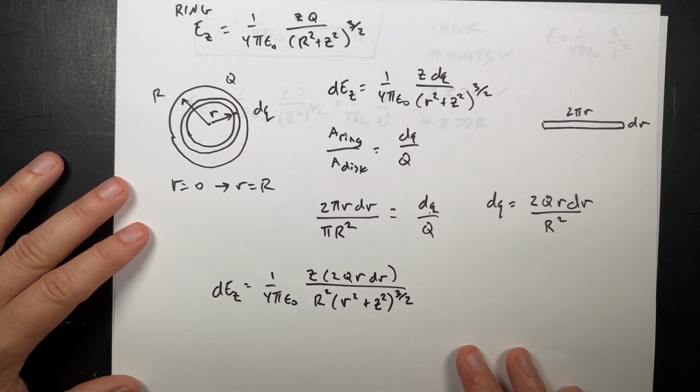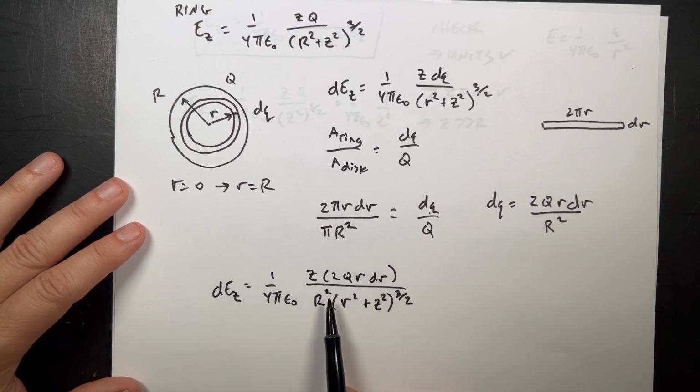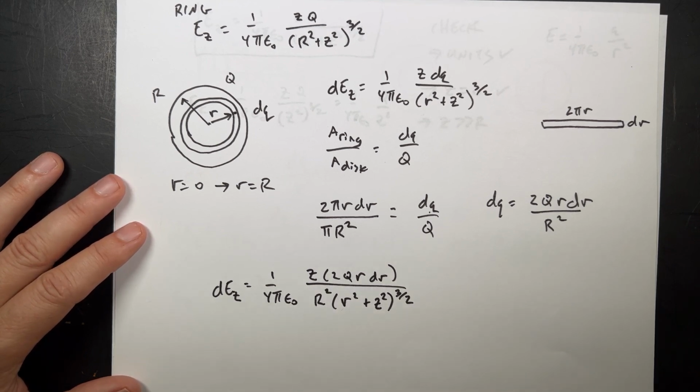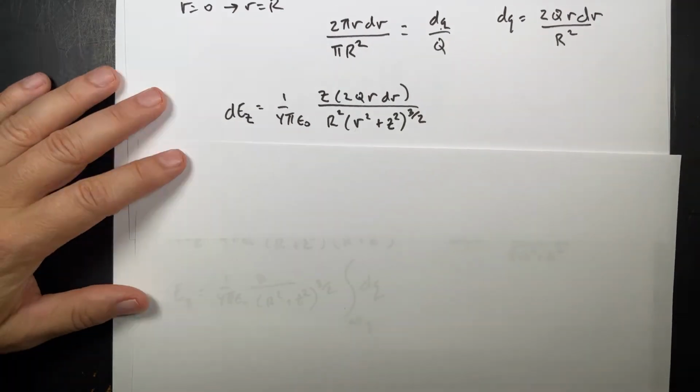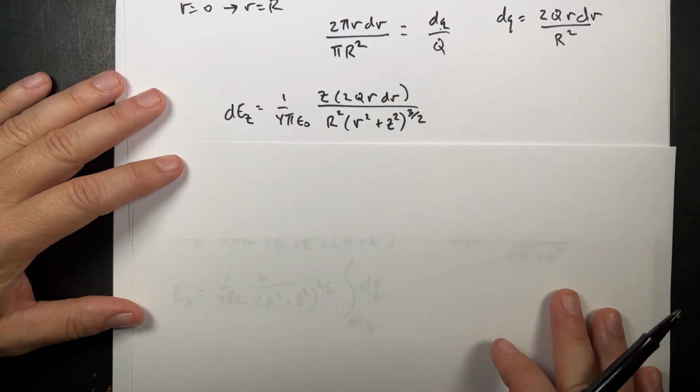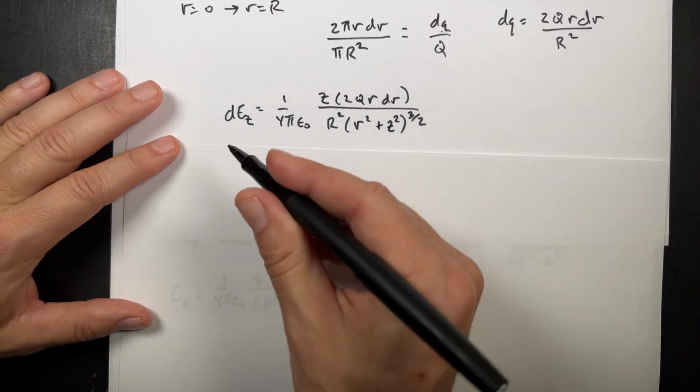Now I can integrate, right? Because everything in here is a constant except for the r's, so I can write this out. Let me start a new sheet of paper. Sometimes you think, I need to save space, but sometimes you just need to go all out and use a lot of paper.